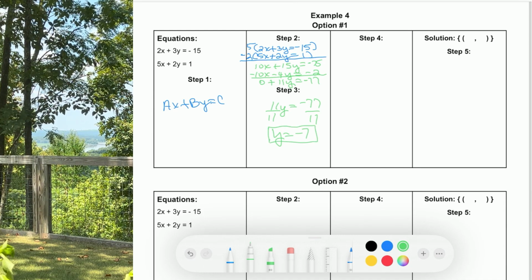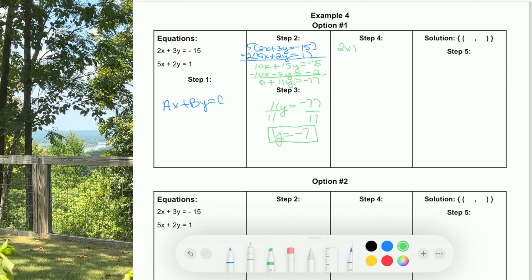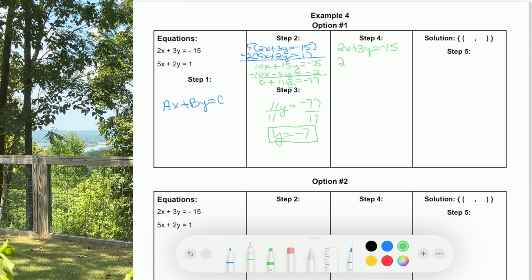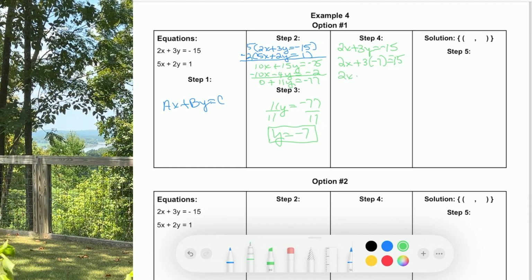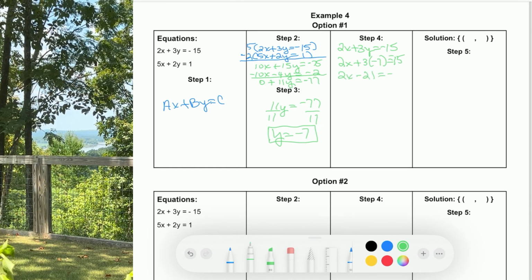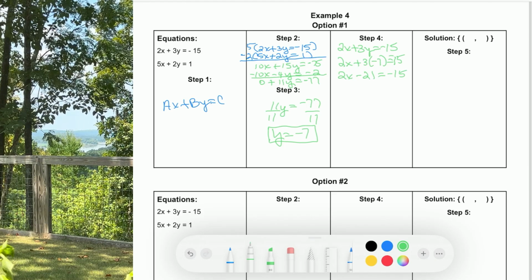I'm going to take that and plug it into that first equation. So 2x plus 3y equals -15. Replace my y value. I get 2x minus 21 equals -15.